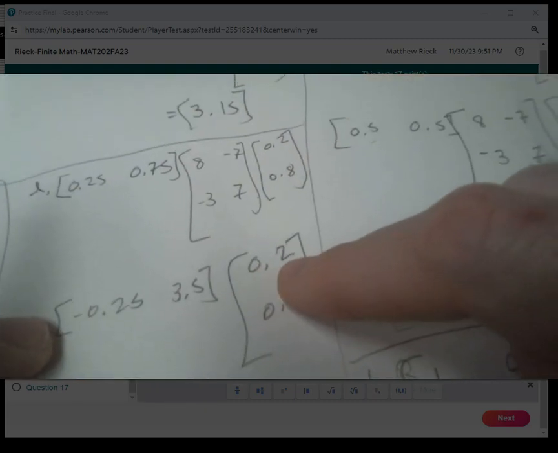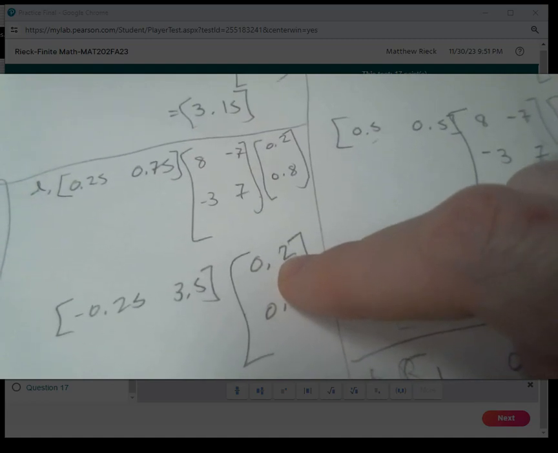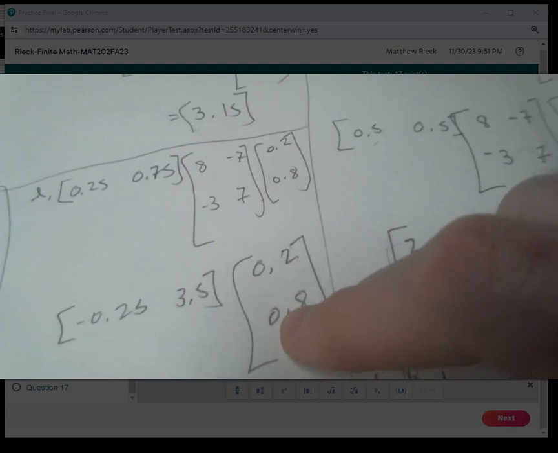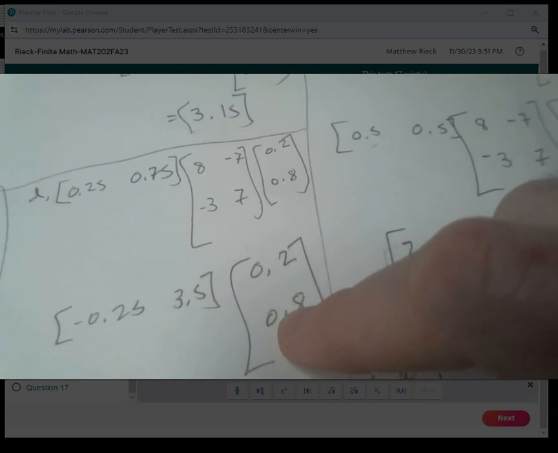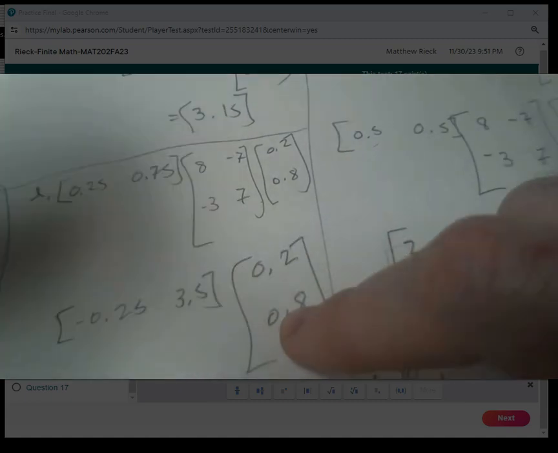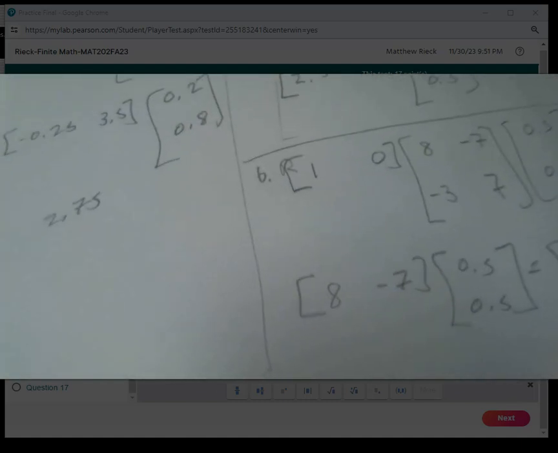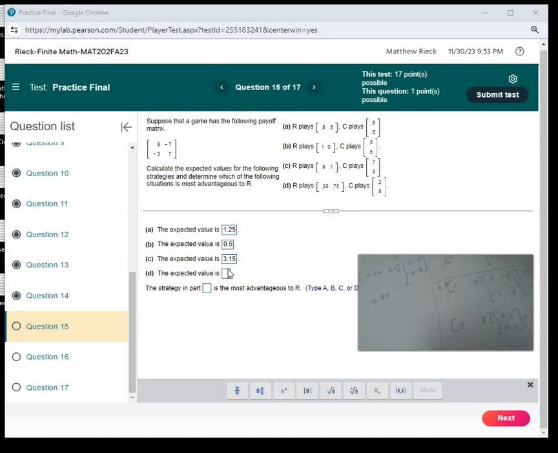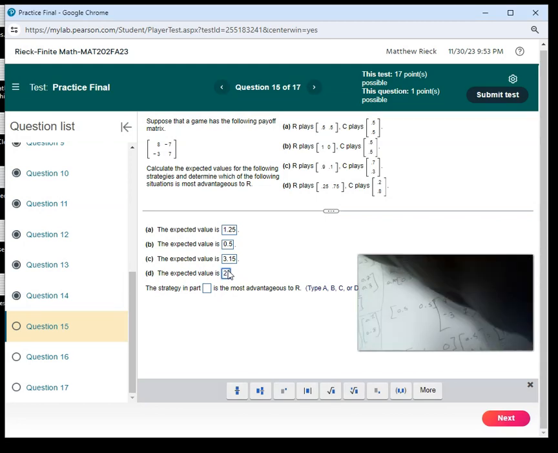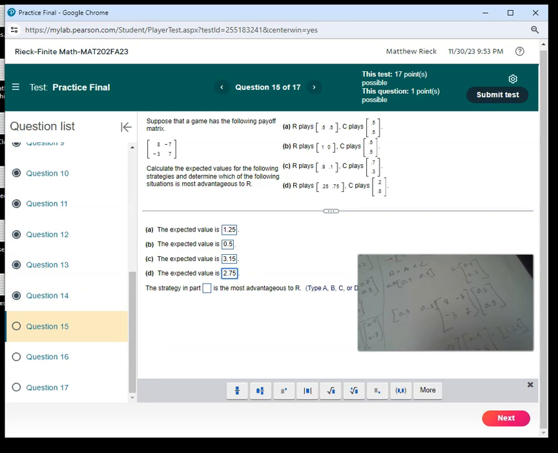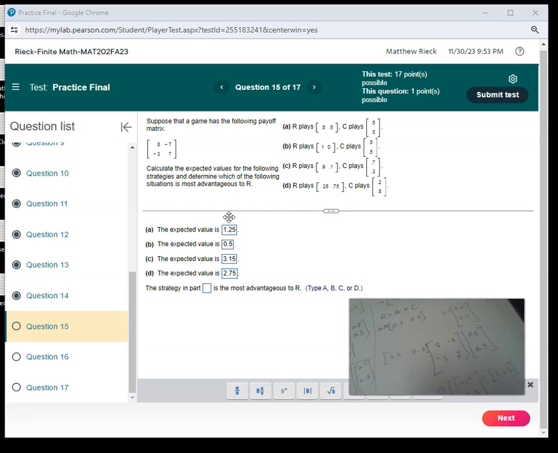So you have -0.25 times 0.2 plus 3.5 times 0.8, which is going to be 2.75. All right, so the strategy that is most advantageous to R is going to be the one with the highest payoff value. In this case, that corresponds to strategy C.